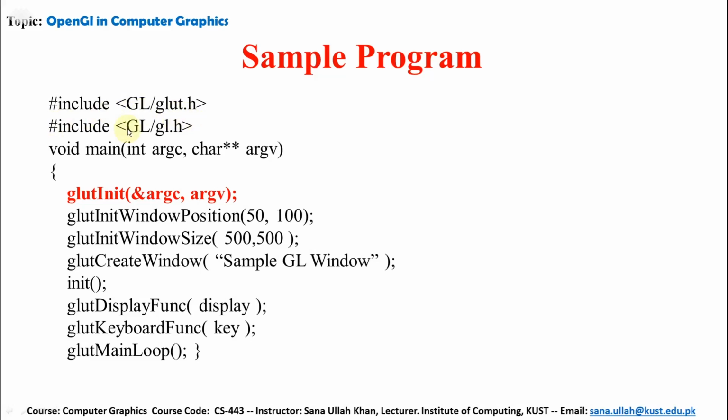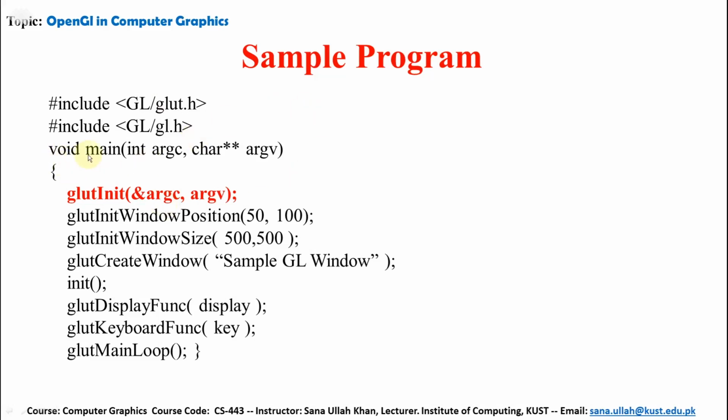If you want to use a single header file that works for both OpenGL and glut, you can use #include <GLUT/glut.h>, which works for both types of library.